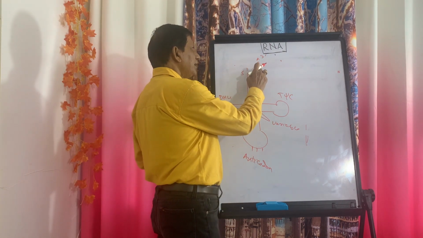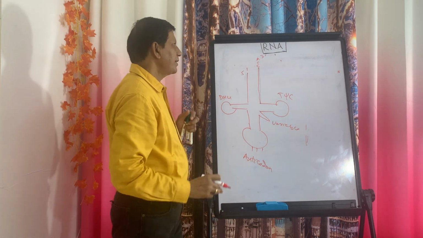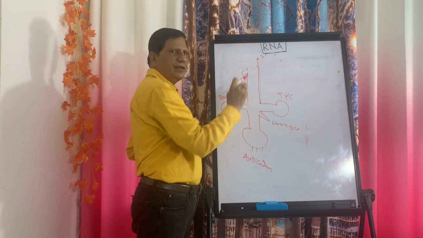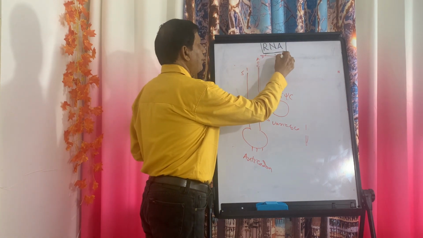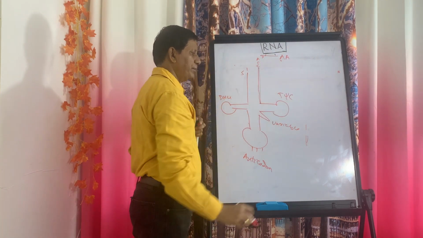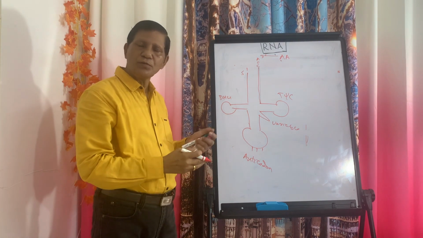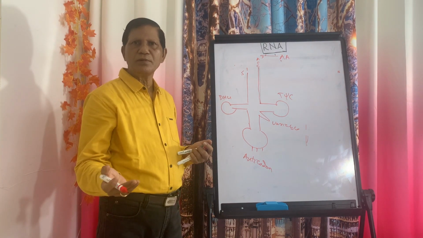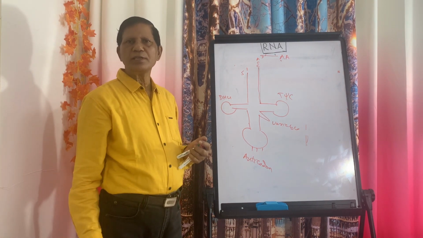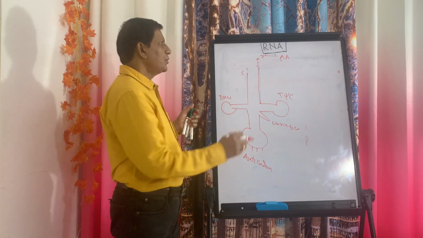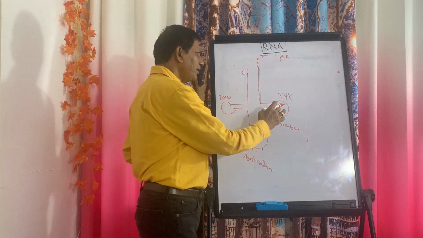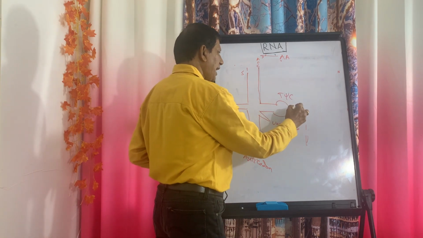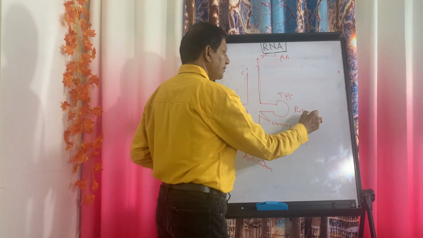At the 3' end, CCA is added, to which the amino acid is attached. Because the main function of tRNA is to carry amino acids from the cytoplasm to the ribosome at the time of protein synthesis, the amino acid is attached at this 3' site. Now the T psi C loop is the ribosome recognition site.